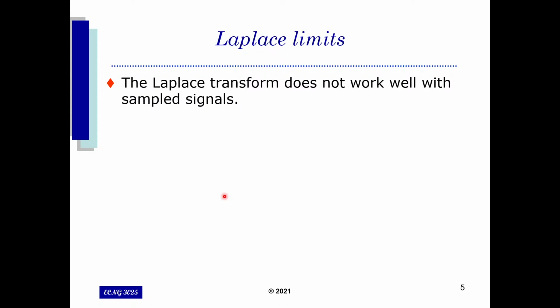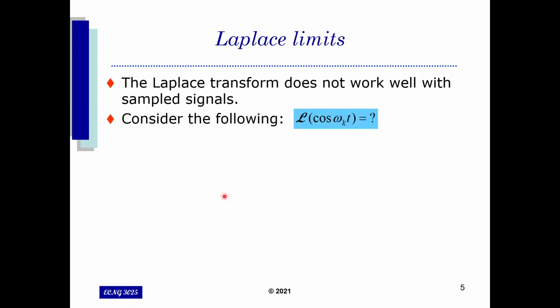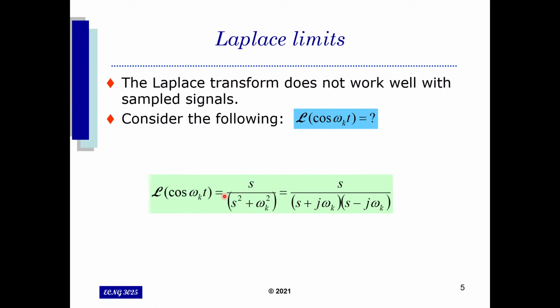Now, the reason why the Laplace transform doesn't work well with sampled signals is that, let's look at the Laplace transform of this cosine signal in general. If we use the Laplace transform table, we can get the equivalent transform in the s domain here. And we're going to be examining this if we switch this to a sampled signal.